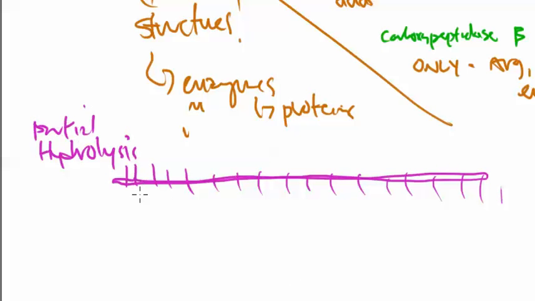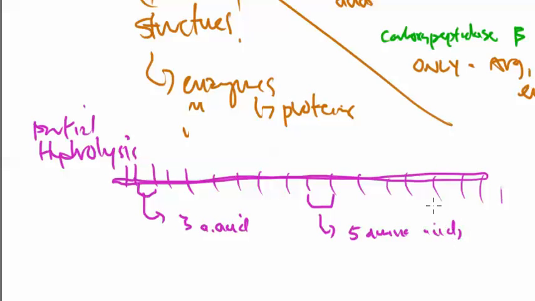So maybe this piece would have 3 amino acids in it, and maybe this piece would have 5 amino acids in it. But it will let me look at this protein and break it down into bigger chunks. And these chunks I can go through and look at a little bit closer, try to identify them a little bit better, but that is what we call partial hydrolysis.